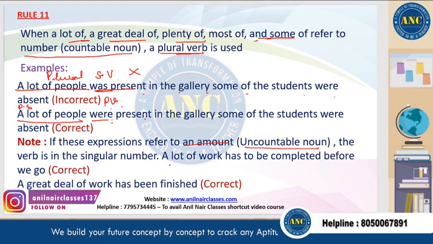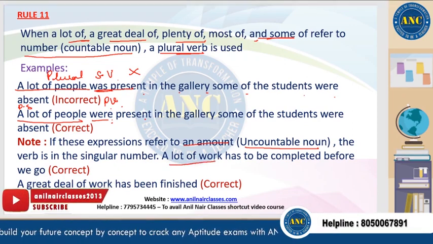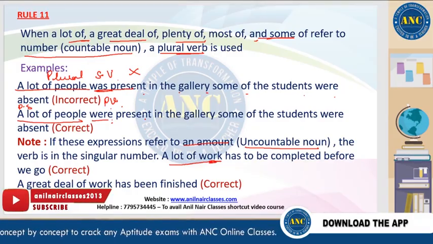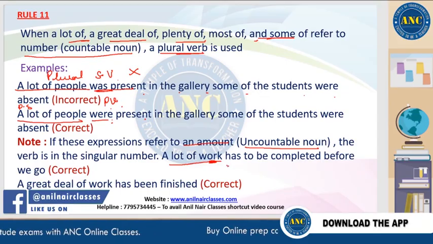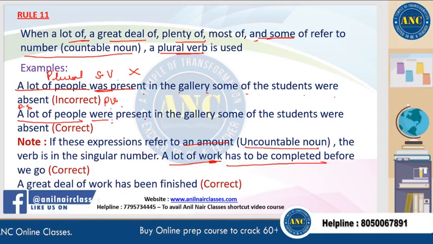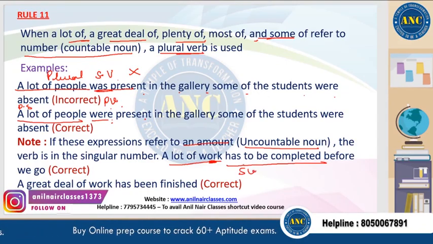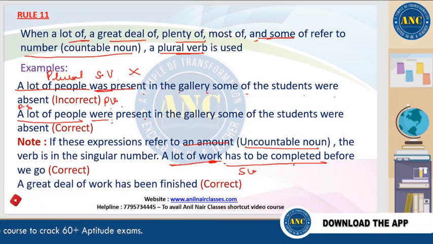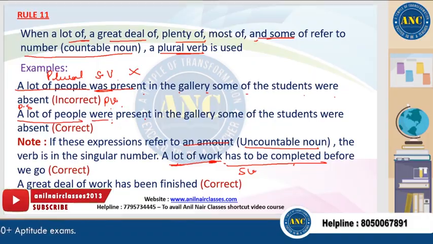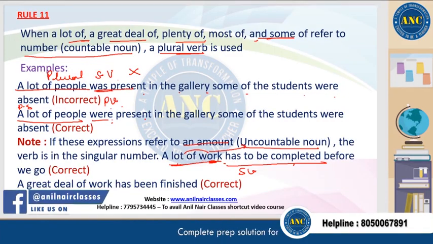Say, if you say a lot of work, now work is uncountable, and uncountable nouns are always singular, right? So a lot of work has to be completed before we go. So what has to be completed? A lot of what? Work. Work is an uncountable noun, so we will use the singular form of the verb.